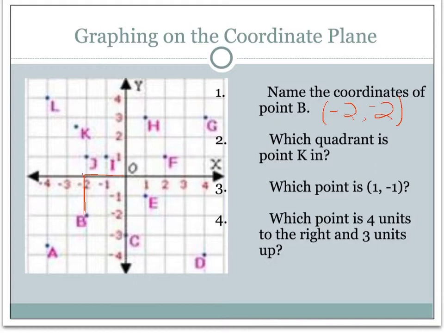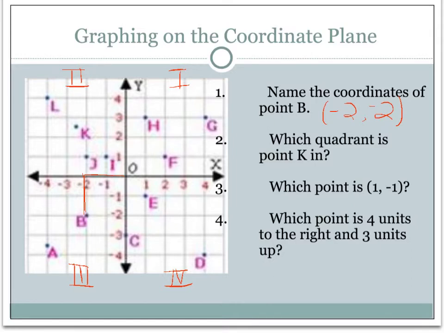Number 2 says, which quadrant is point K in? So once we identify where point K is, right here, we can identify which quadrant it's in a couple of ways. If you remember, this was quadrant 1, 2, 3, and 4. So it's very easy if you have that memorized to know that K is in quadrant 2.